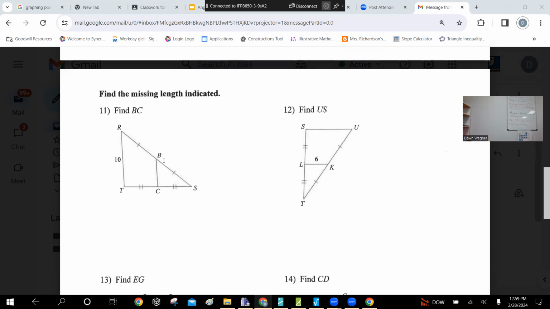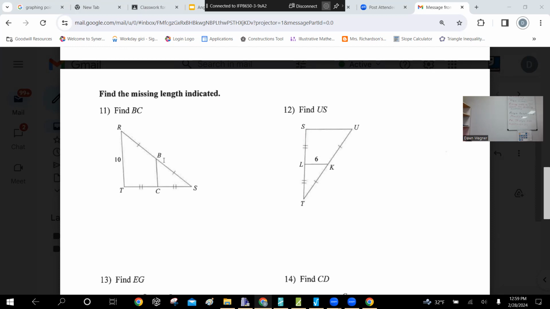Do you see how RB has a single tick mark and BS has a single tick mark? That means both of those are equal. Over here, do you see how I have 2 tick marks here and 2 tick marks here? That means T, C, and CS are equal. So I know these 2 are midpoints and I connected it.